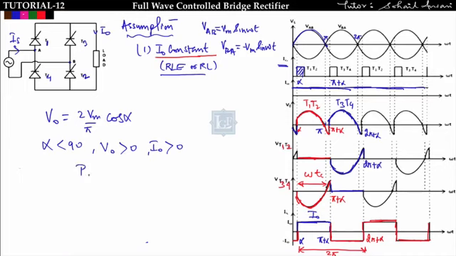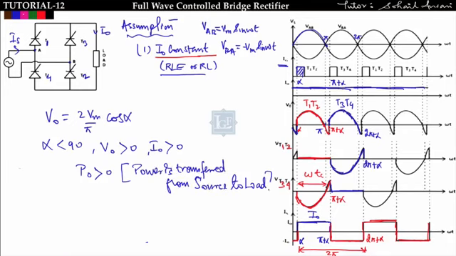In this case P naught will be greater than 0, so we can say that power is transferred from source to load. Now what will happen if alpha is greater than 90? For alpha greater than 90, V naught will be less than 0 and I naught is always greater than 0, that is constant. So P naught will come out to be less than 0. So output power will be negative.